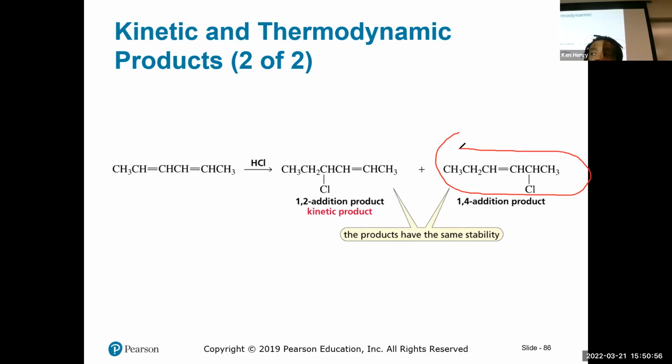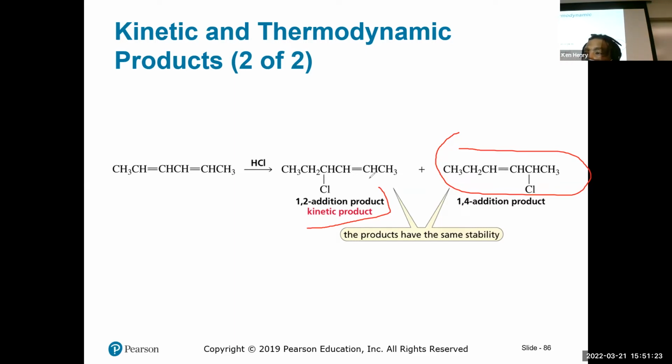So kinetically, yes. So that's right. So that's why this guy would be the kinetic product, right? But thermodynamically, they're going to be comparable to each other because they're both stable, right? So thermodynamically, you're going to have 50 of this and 50 of this. Kinetically, this guy is going to be easier to make than this guy, or faster, not easier, faster to make, even though they're both accessible, right?